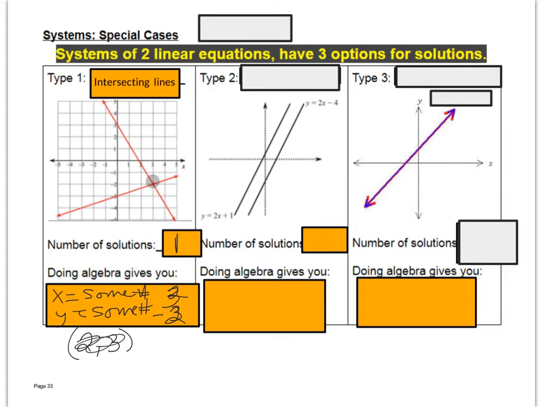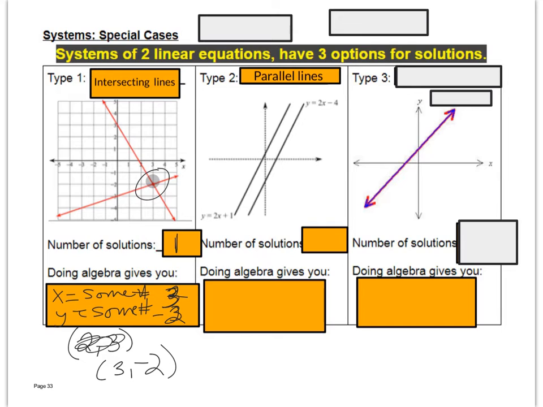If I were to do the one from the example, you get 3, negative 2 from our answer. That's what it looks like on a graph, but in algebra, when you substitute, like in the last video, that's what you'd get.